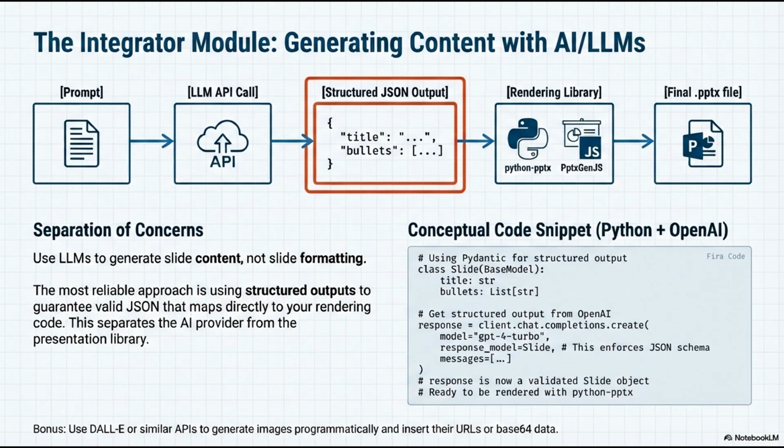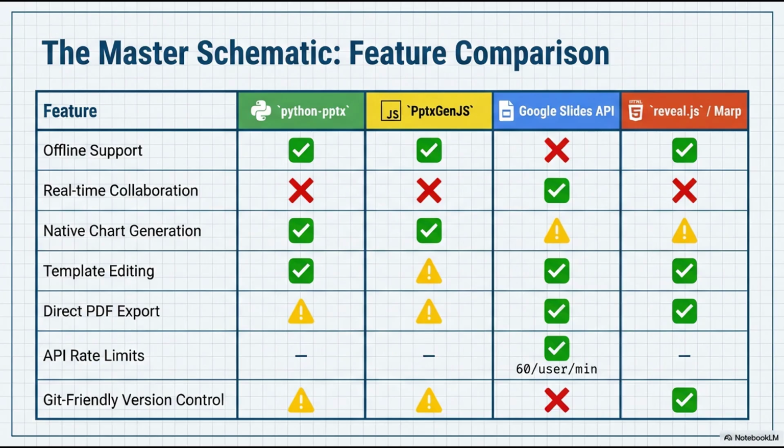Next, we'll shift to a comprehensive feature comparison across all 4 blueprint pathways, helping you identify the best approach for your specific automation needs. So, once you've leveraged AI to generate your core content, the next crucial step is how you translate that into a presentation format.